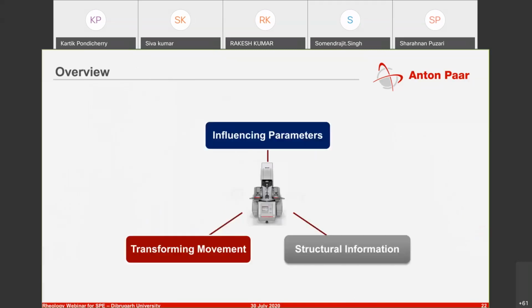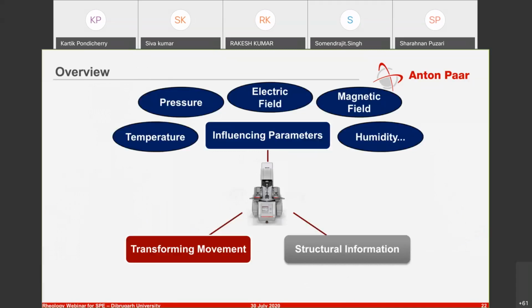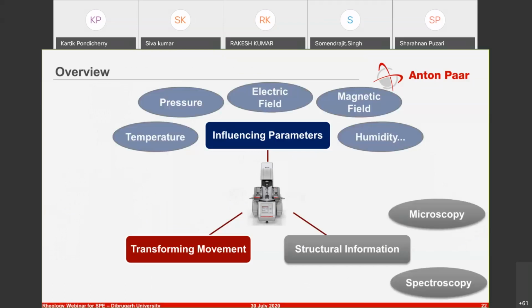So that being said, what can we do with a rheometer? We have different influencing parameters, as I've already mentioned. You can think about pressure, electric field, humidity, a number of options. And what you can also do is look at microscopy.